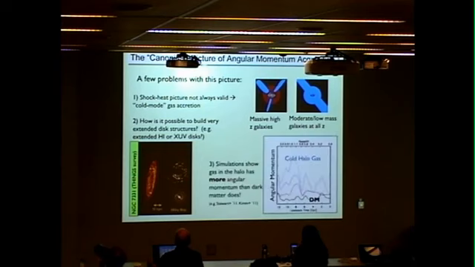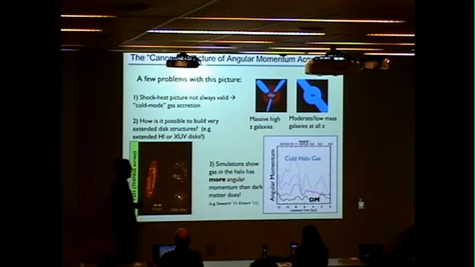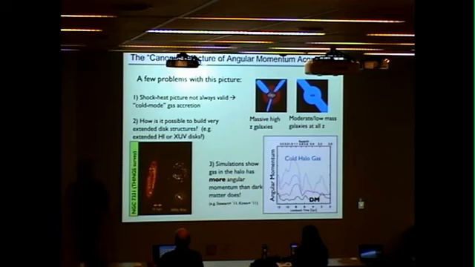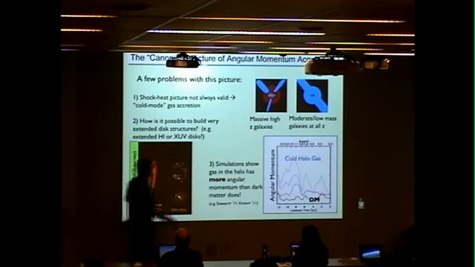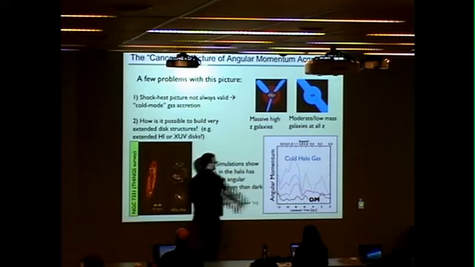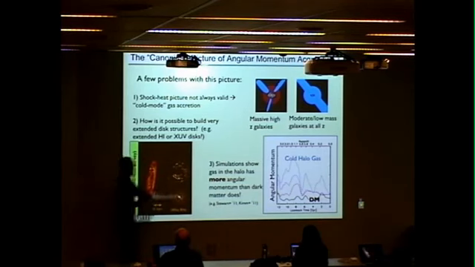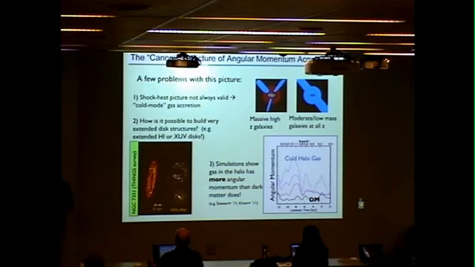The more recent motivation from my own work: for a few years prior, we were looking at our simulations. This is the spin parameter in particular, but you should think of it just as angular momentum, as a function of time in one of our galaxies. And we see that, yes, the dark matter wiggles around a roughly constant value. We've known that for a long time since N-body simulations.